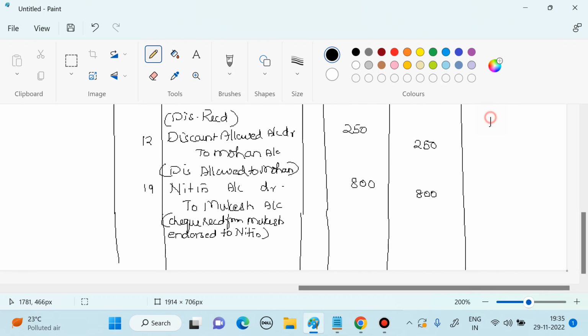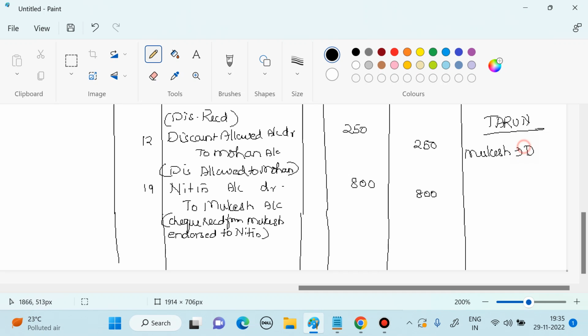Now see. Tarun is the person who is doing the business, in whose books we are maintaining this particular transaction. Now, what happened was Tarun received a check from Mukesh. Why would he receive a check from Mukesh? Probably he has sold something to Mukesh on credit and that amount is receivable from Mukesh.